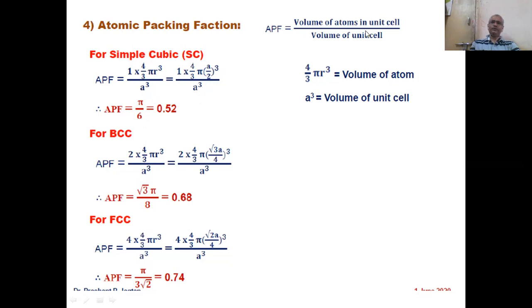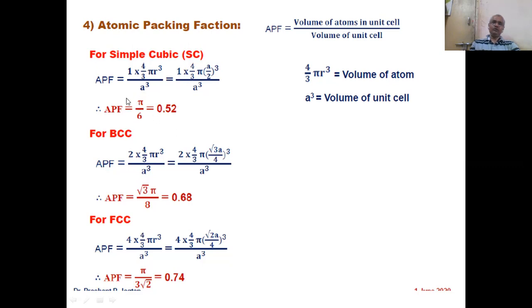Simplifying this, 2 cube is 8, so the 4 cancels with the 8 leaving 2, and 3 multiplied by 2 is 6, and a cube gets cancelled. The value that comes out from this simplification is pi by 6.